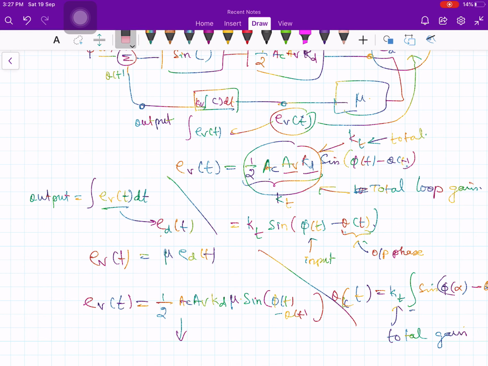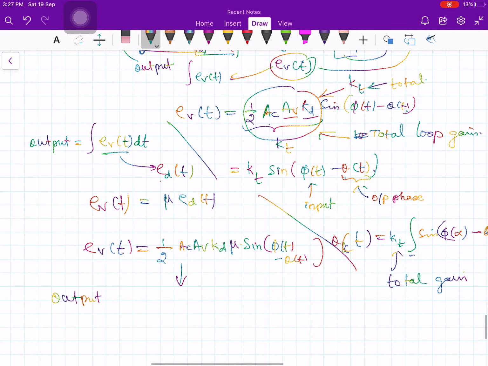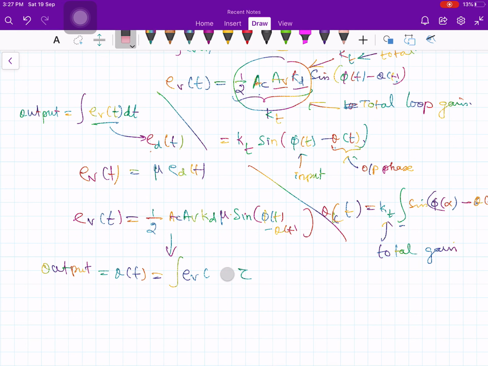Okay, now let us write down the theta of t. My output is theta of t. See, this is phi of t and this is my theta of t. Theta of t is nothing but my output. Therefore, output is equal to theta of t is equal to integral of EV of tau d tau, or I can put EV of alpha d alpha, to be consistent with my notation.